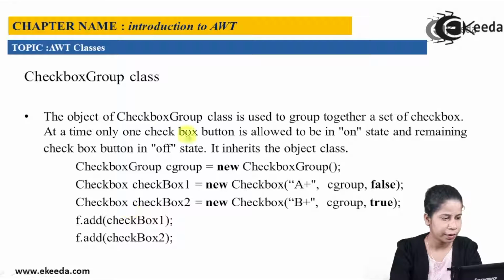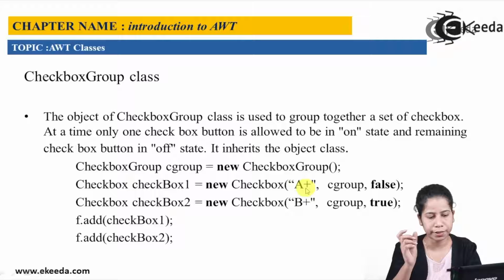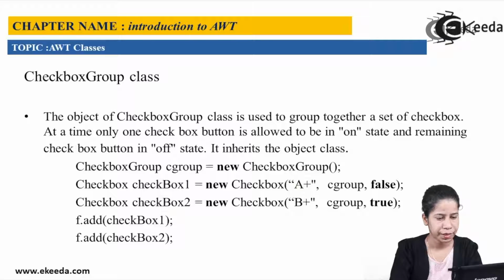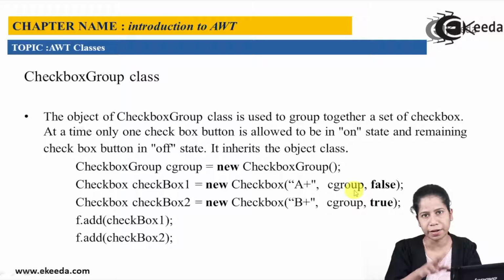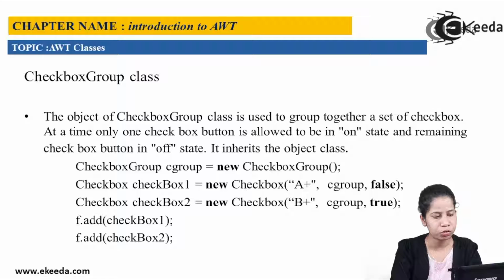So here I have created first a checkbox group, that is cgroup, and later I have created two checkboxes, checkbox1 and checkbox2. On the first checkbox I have given the caption A positive, and then the second parameter is cgroup, which tells me that it belongs to a group called cgroup.